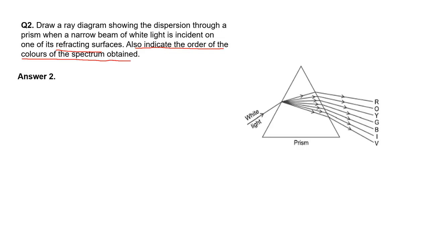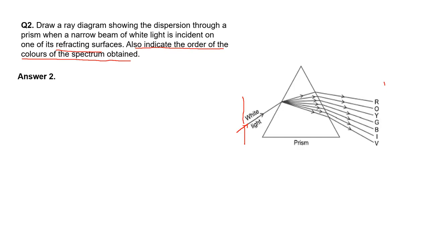Draw this prism, name the prism A, B, C or P, Q, R. Then you can allow a white light to pass through a slit in a cardboard. There is a gap in the cardboard and you allow a beam of light passing through this cardboard and it is falling inclined on the surface of the prism. When it falls inclined, you can see there is a splitting of the different constituents of the white light.